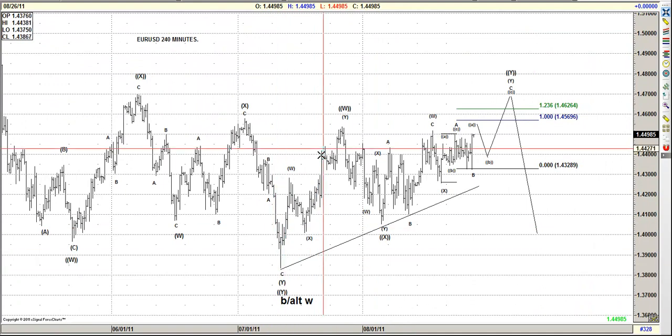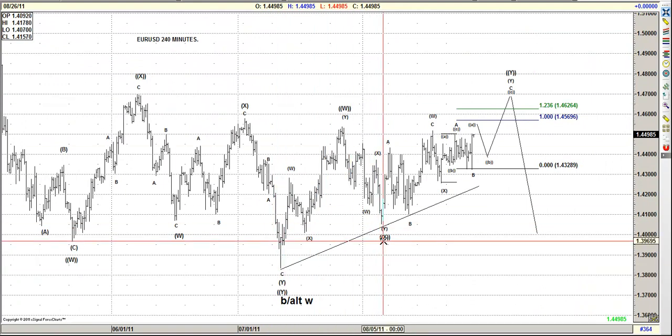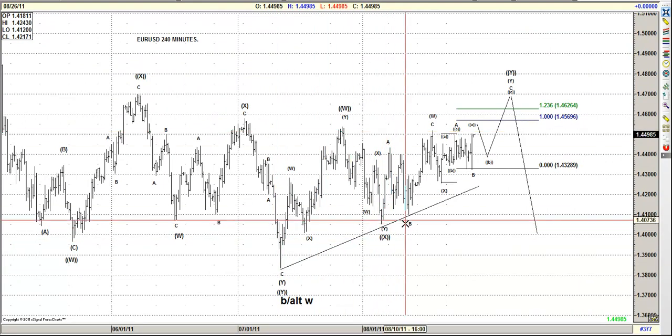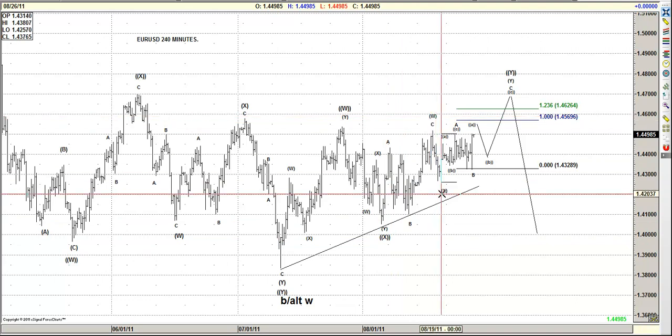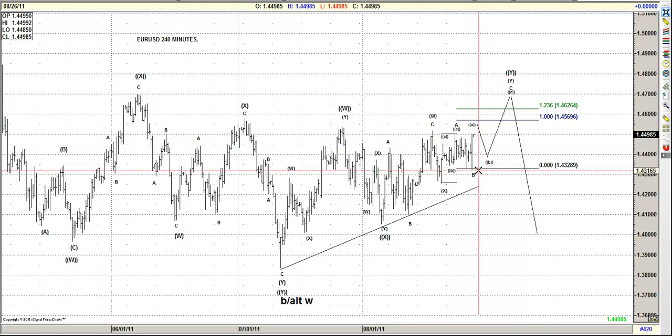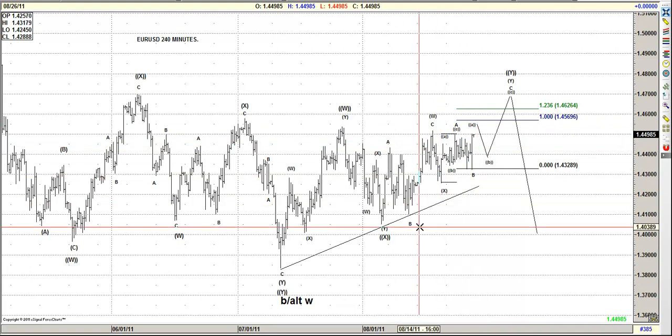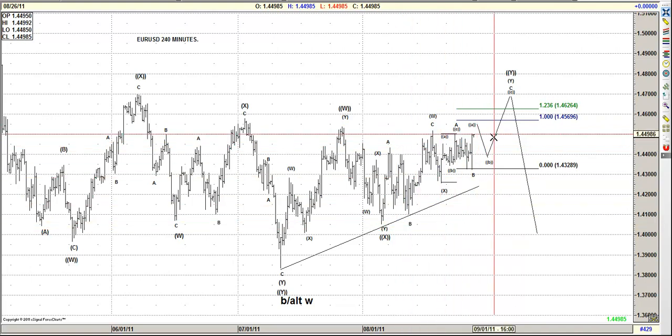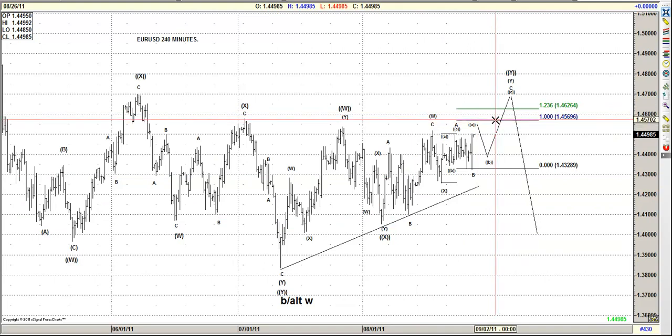We see W, S, and then we got A, B, C, three ways: S, A, B, C. This A goes with this, one goes with this, and now we're going to get higher.